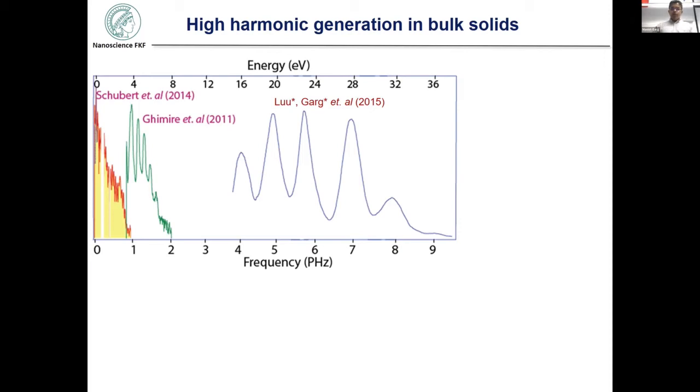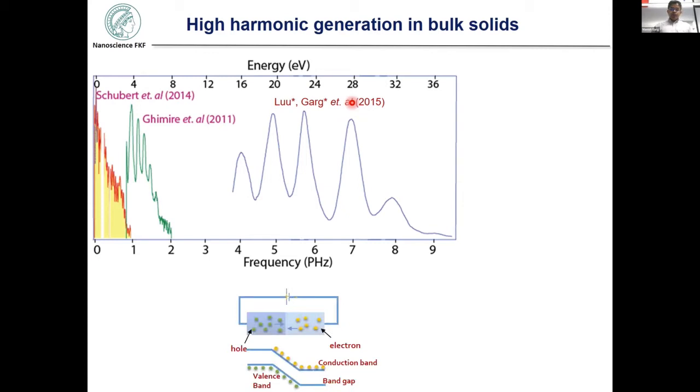And then came our work in 2015, where we shot thin films of silicon dioxide, which have a band gap of around 9 eV, with intense optical pulses, and we reported high harmonics all the way from the visible domain to the XUV domain. This is also the same energy range where isolated attosecond pulses are routinely generated by high harmonics in gases.